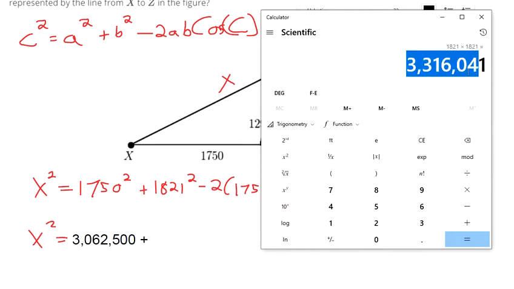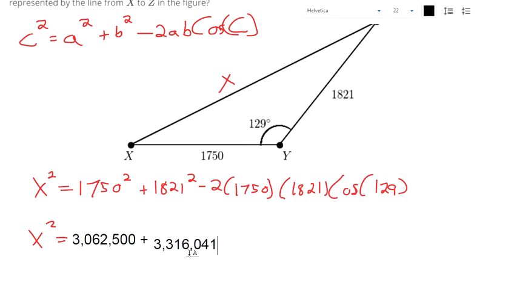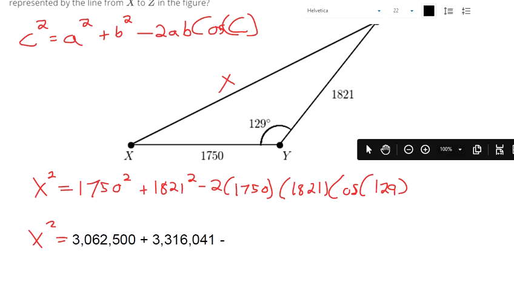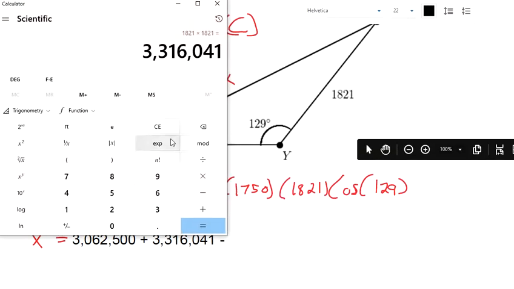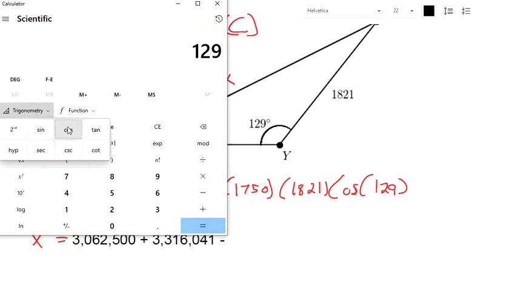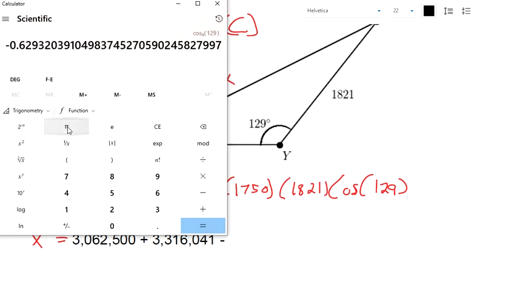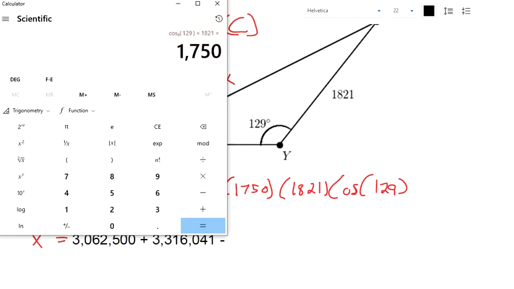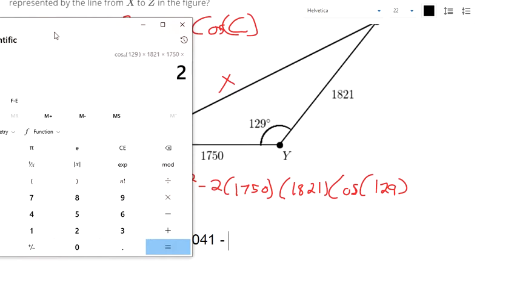So another a little over 3 million there. And now here, I'm actually going to start with cosine 129 with the way my calculator works. I'm going to punch 129, trig, cosine, not second cosine, right? And then we multiply that to 1821, then times 1750, and then it's kind of hidden over here, but then times that too.